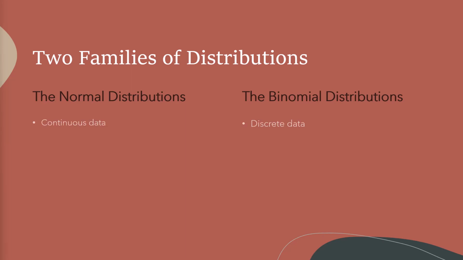The normal distribution assumes that our response variable is continuous. It can range anything from negative infinity to positive infinity. The binomial distribution assumes we have discrete data, data in which you can only have 0 to n successes, where n is the total sample size.